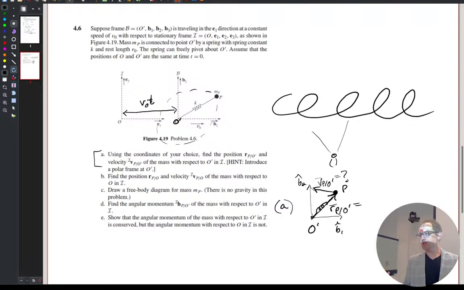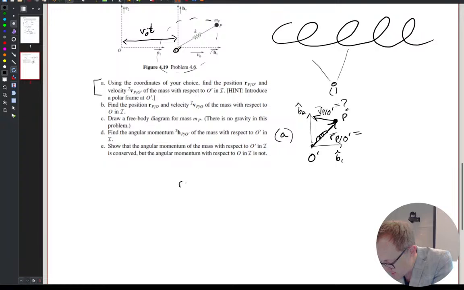Cartesian works just as well as a definition for position. In a polar coordinate system, what does a position vector look like? R comma theta, but what are the unit vectors?